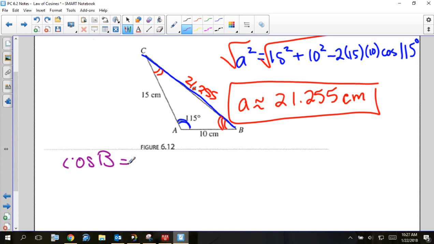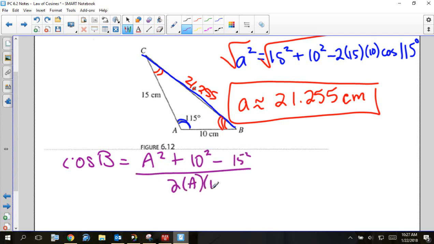To find B, we need to do cosine B equals A squared plus C squared, and C is not 15, so 10, minus 15 squared, over 2 times A times 10.